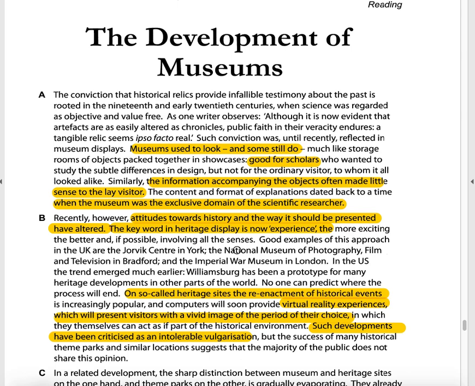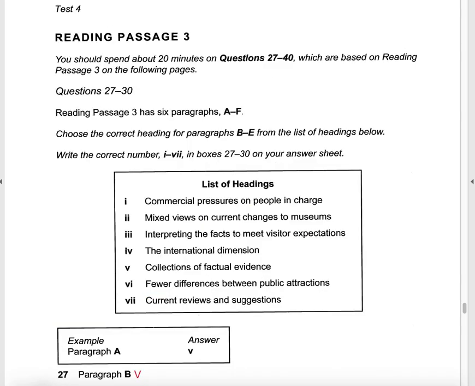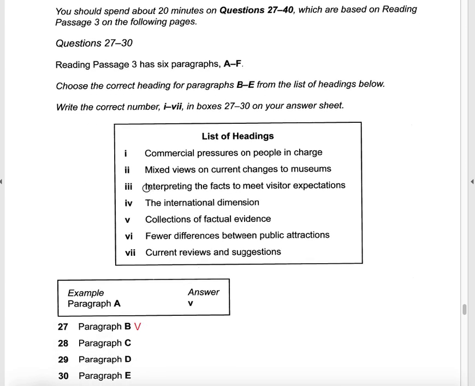Okay? Experience is the key here. All right. Just looking at this one here with experience.